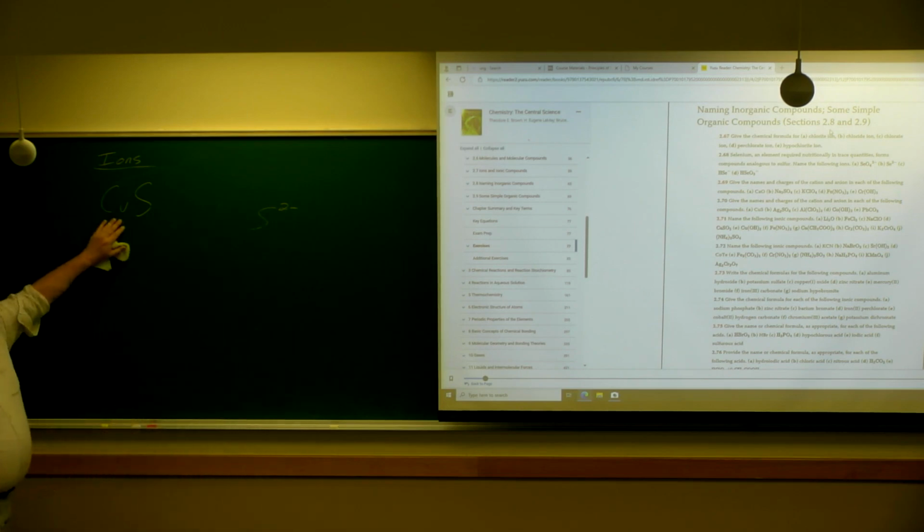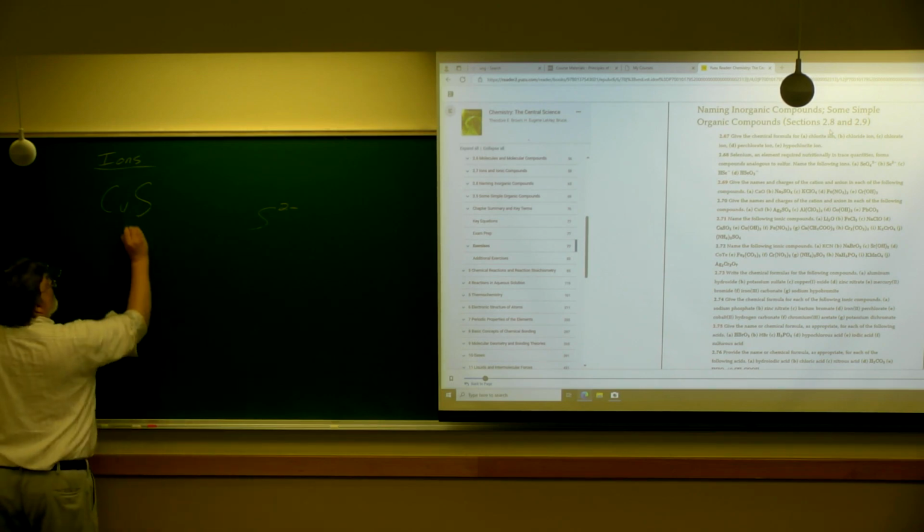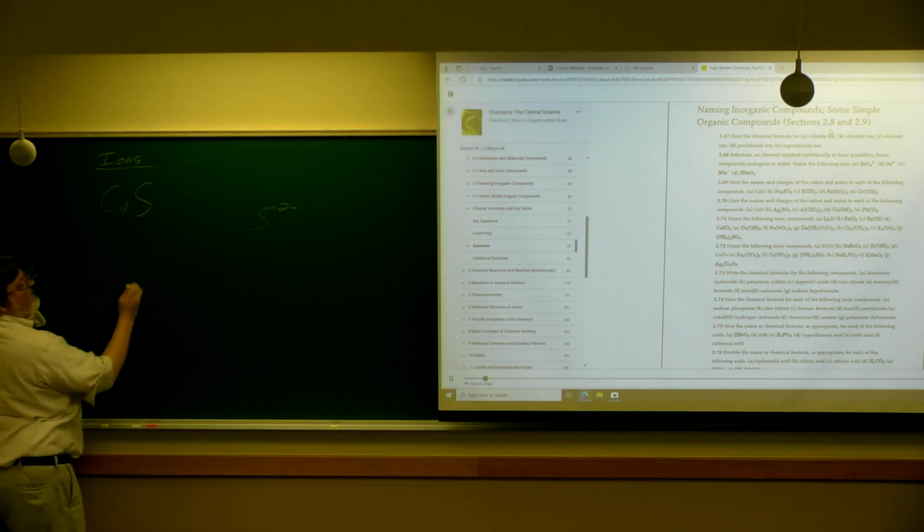All right, copper is in the transition metals, and those are the ones you can't predict by looking at the periodic table, but you can still predict which copper this is. There's an implied 1 here and an implied 1 here.